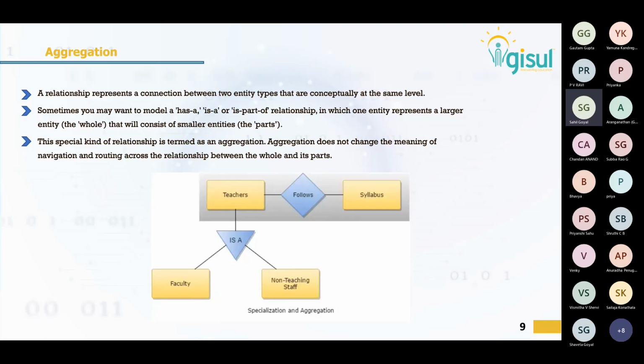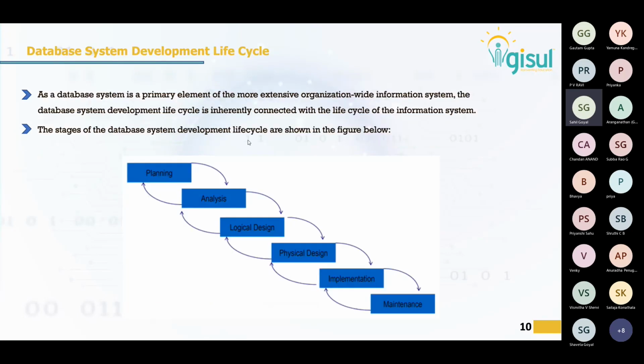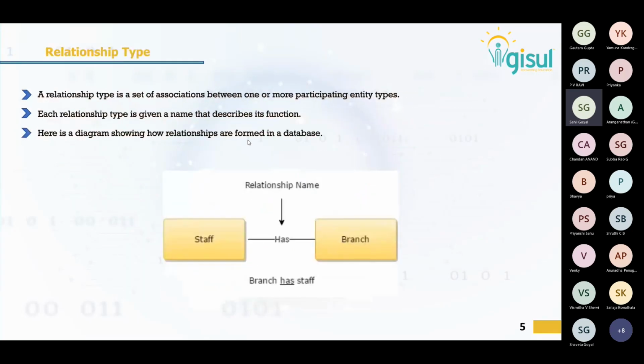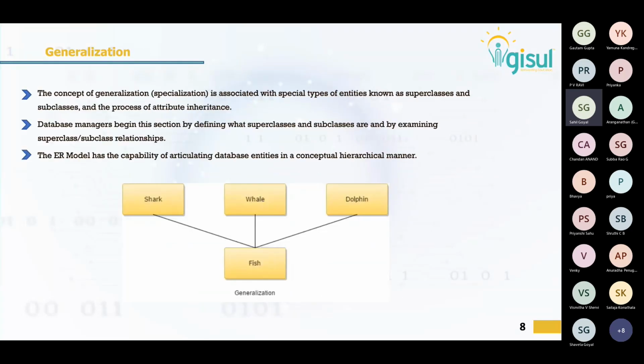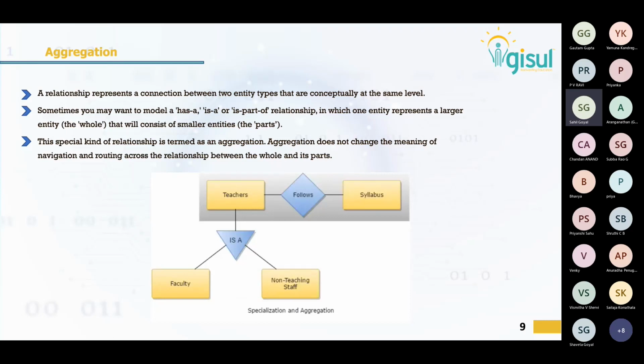Then we have attributes, key attributes, composite attributes, etc. Now, when it comes to our relationship types, earlier we have seen the relationship has. Similar to the relationship has, we have other types of relationship, which is has, is a, and then we have the parts.